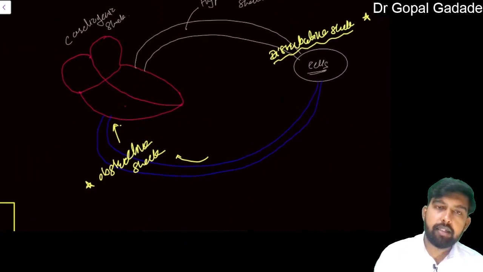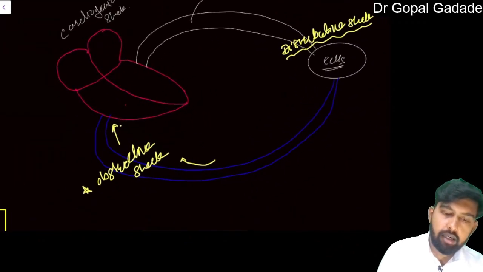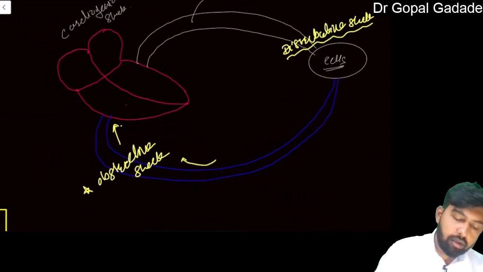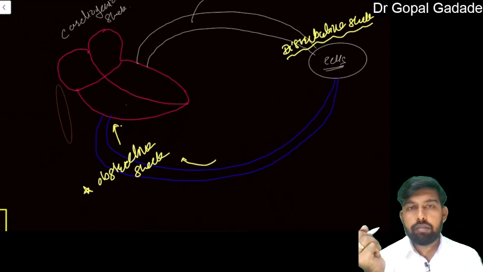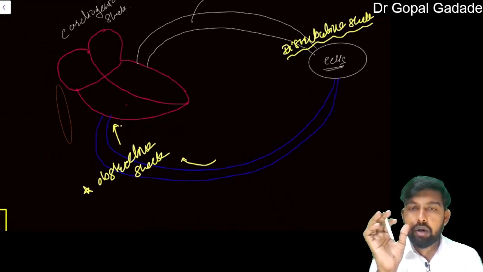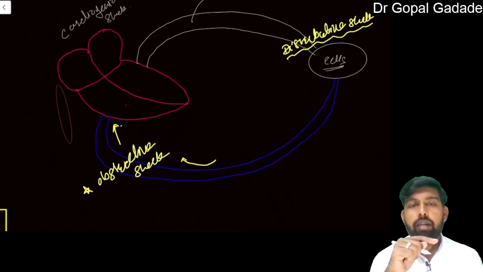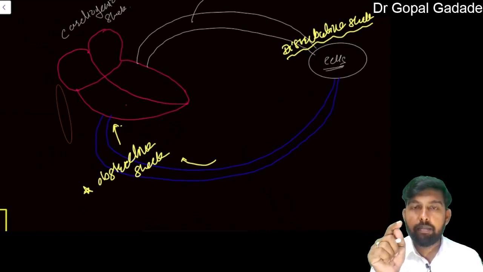By this diagram, if this is the heart, the blood enters the heart by the IVC or SVC. Because of obstruction at the level of preload, that is the filling defect, the blood is not coming into the heart properly from the IVC or SVC.